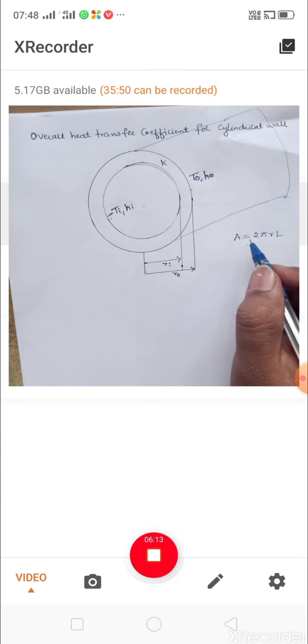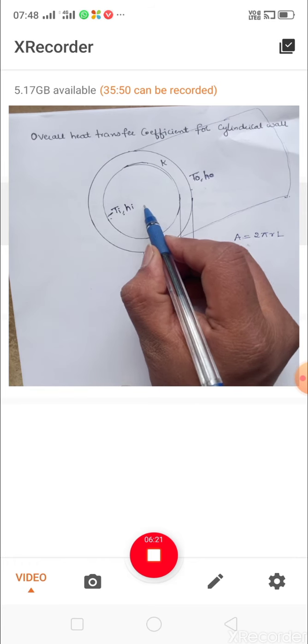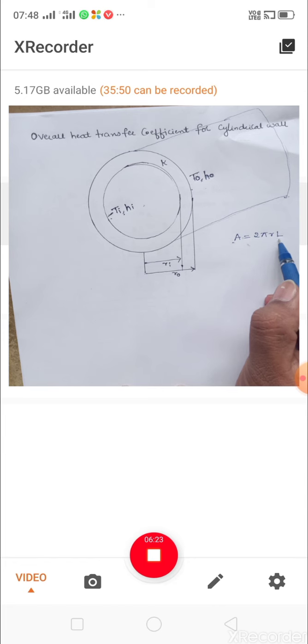This area A clearly varies with R. As the radius changes, the surface area of the cylinder goes on changing.